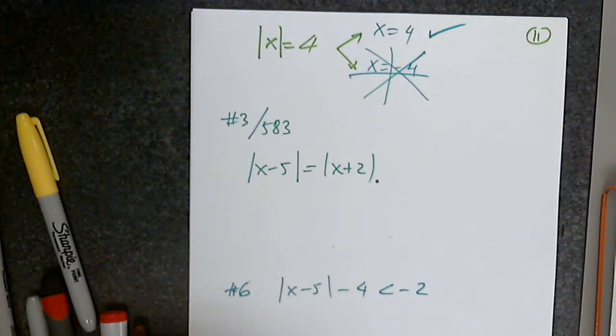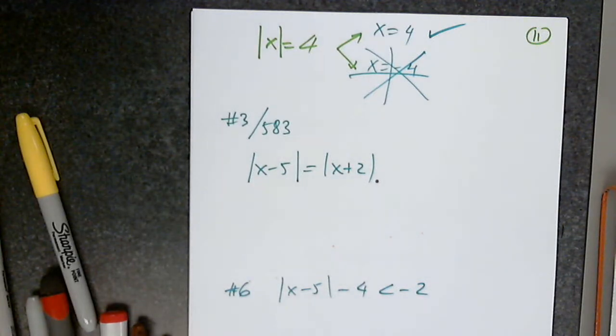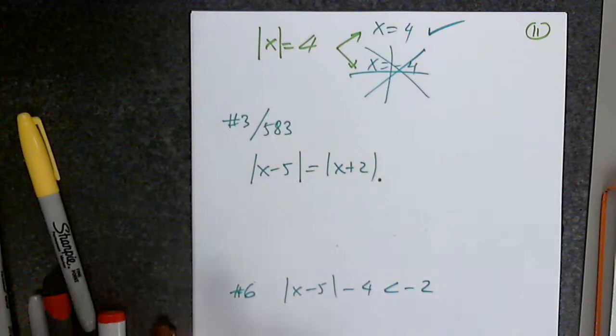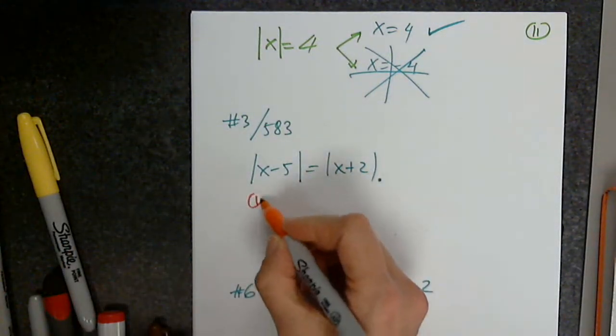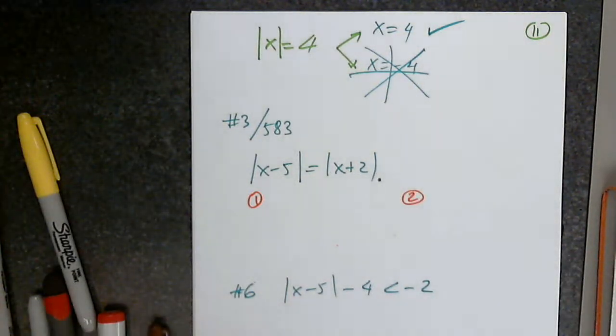So we know that absolute value equations can result in 4 different options. 1 solution, 2 solutions, no solutions, infinite. So please keep that in mind. Good. So I don't know what to expect here. Have no idea. But I know that I'll have to have option 1 and I have to have option 2.